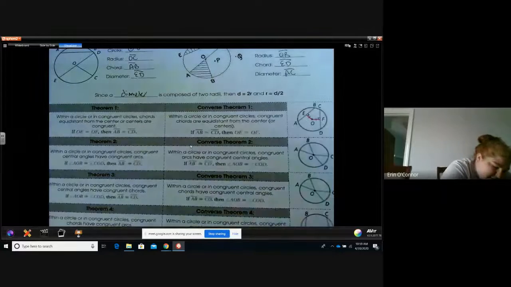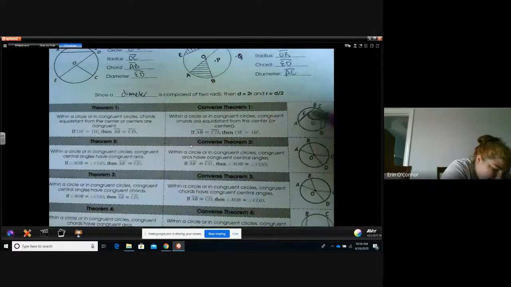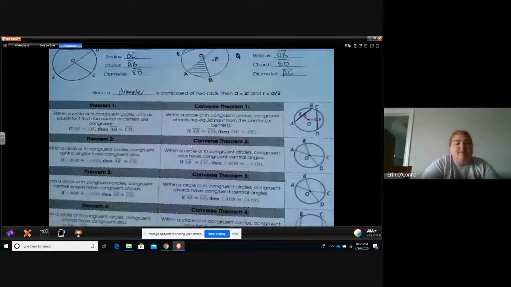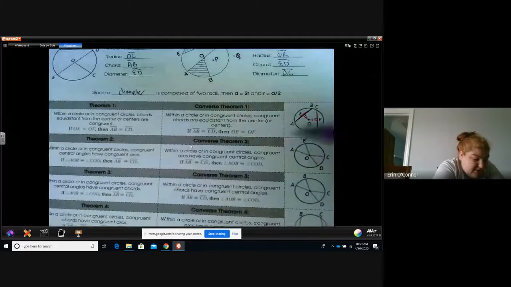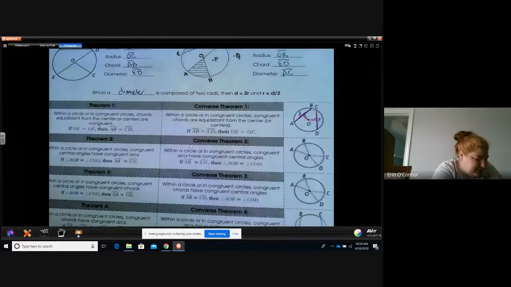Then this chord AB is congruent to CD because they're equidistant from the center. The converse theorem of that is within a circle or in congruent circles, congruent chords are equidistant from the center, or centers in congruent circles. If I'm told AB and CD are congruent, then they're equal distance from the center.